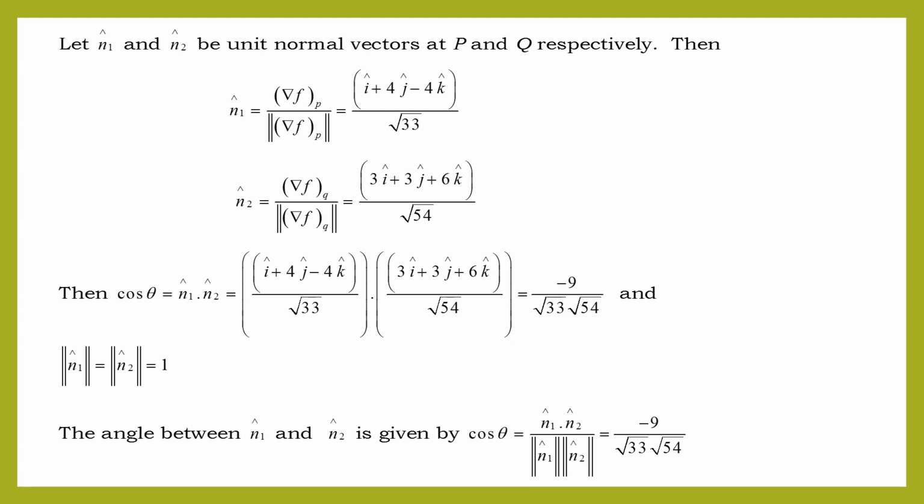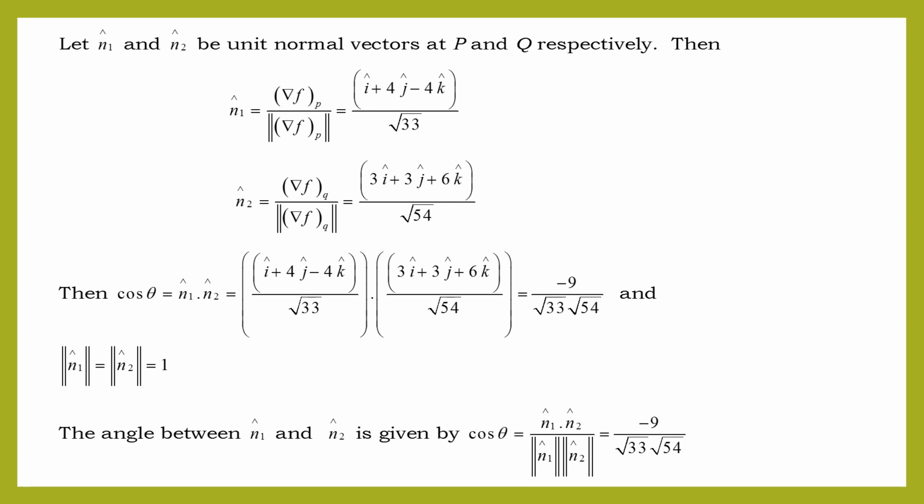Similarly, to find n2, we first find the norm of ∇f at Q. ∇f at Q = 3i + 3j + 6k. So its magnitude is the root of 3² + 3² + 6², which equals root 54.